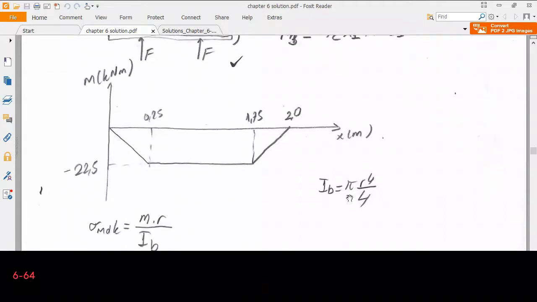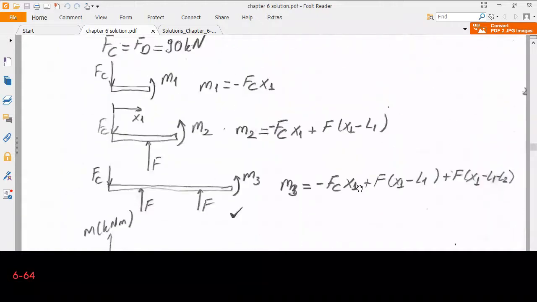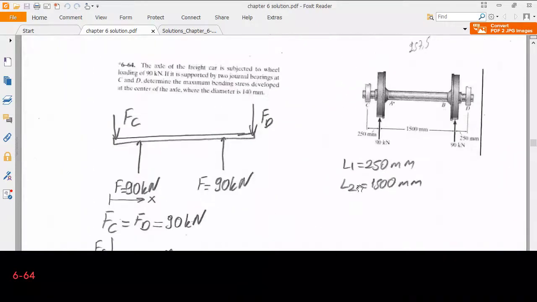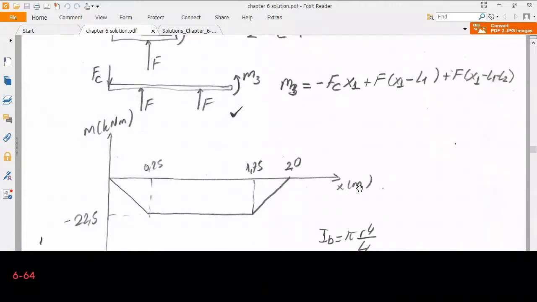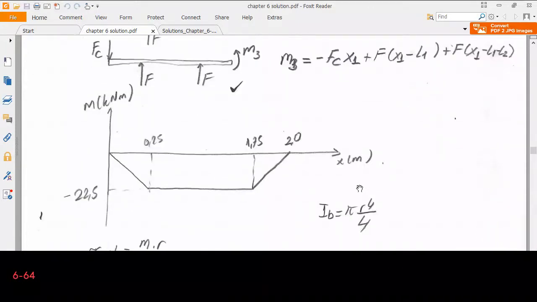If you put the values, r is 70 millimeters, so 70 multiplied by 10 to the power minus 3, 7 times 10 to the power minus 2, and from here you can calculate the moment of inertia. Moment is 22.5 kilonewton meters, so 22.5 times 10 to the power 3, and the radius is again 7 times 10 to the power minus 2.